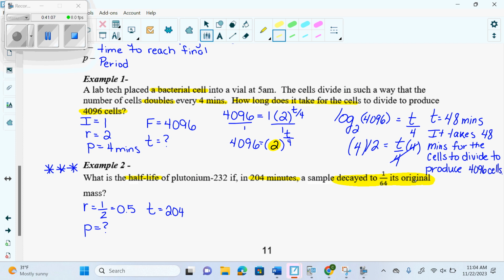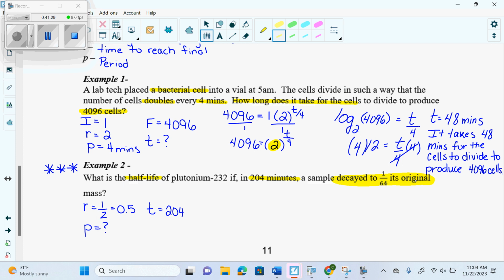It's 1/64th its original. You should say, Mrs. Lepp, what's its original? If its original is 1, then its final is 1/64th. If its original is 100, then its final is 100 times 1/64, right? If its original is 5, then its final is 5 times 1/64.